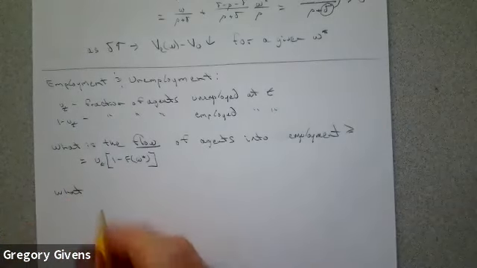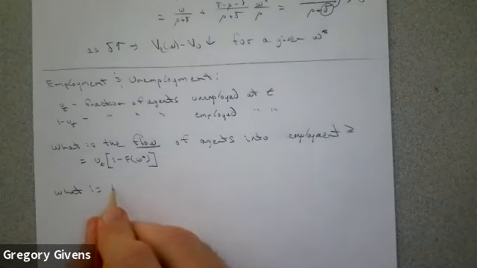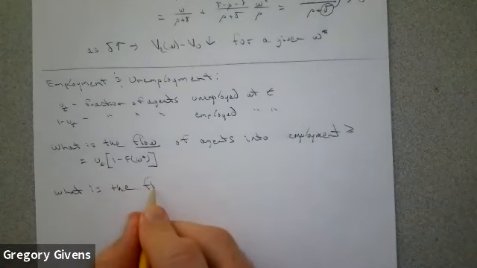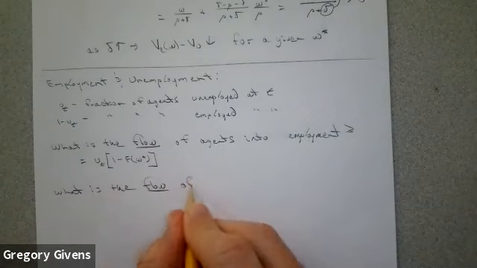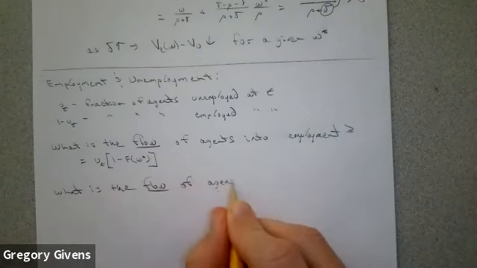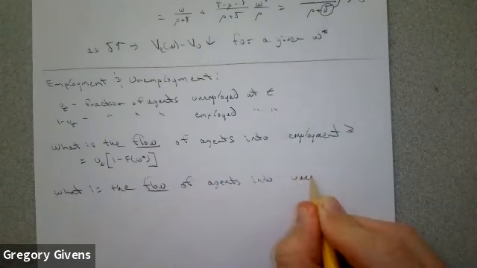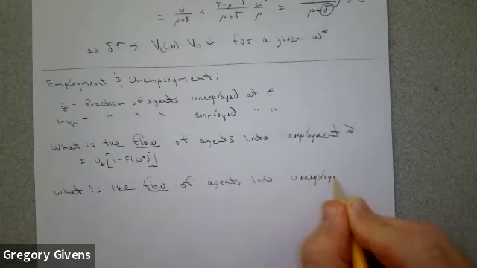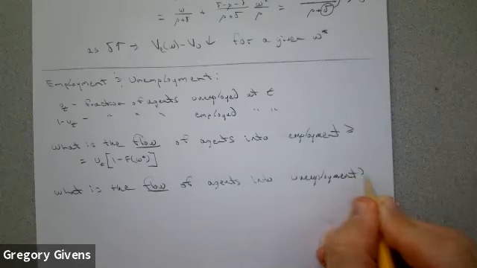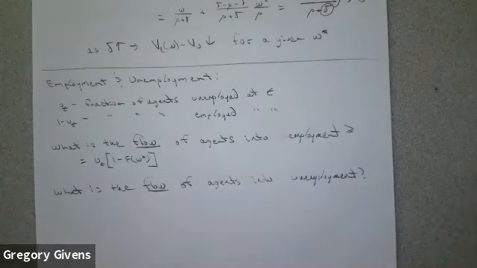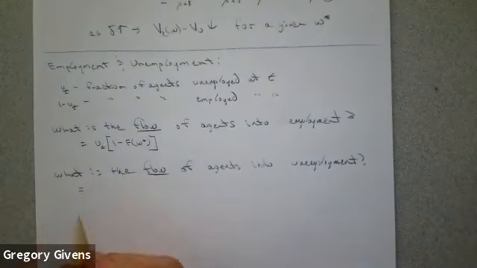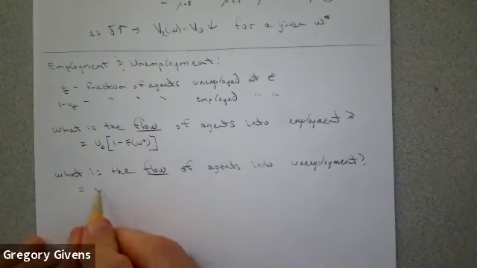Second question, what is the flow of agents into unemployment? Well, that flow is going to be equal to the fraction of agents in date T who are working, right?